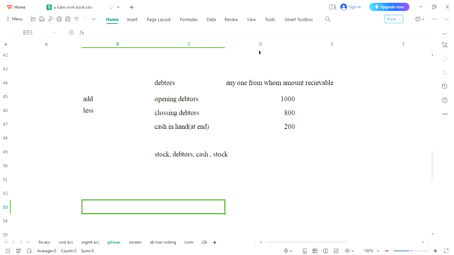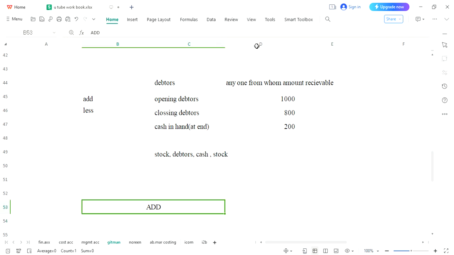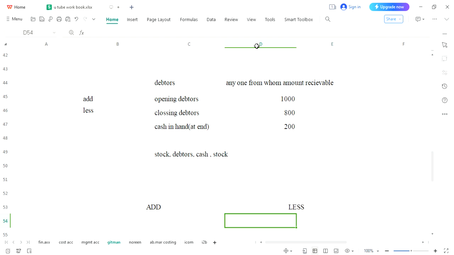So here we are going to mention it, and there are a few things which we will subtract, and that we will be writing over here. Two things we have decided: when it is opening debtors or opening stock, and if there is any current asset. Normally current assets are cash in hand, cash at bank, let's say bill receivable, notes receivable, account receivable. All right, I may write over here as well.